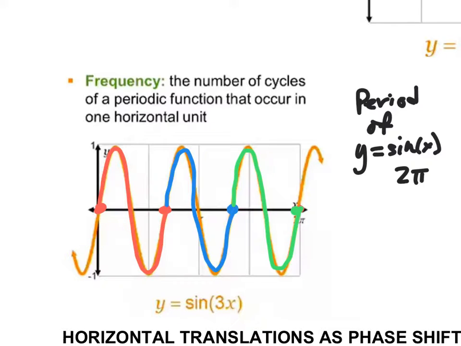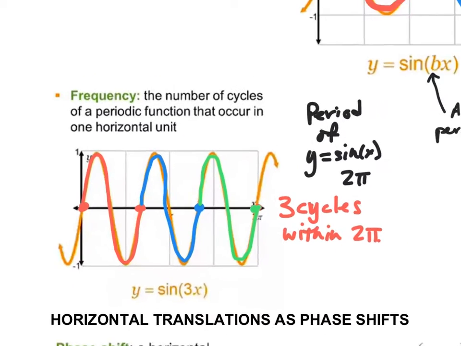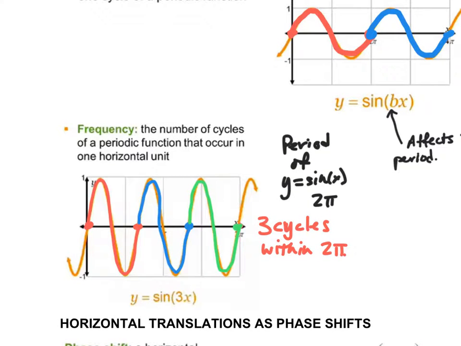So all of a sudden, when we introduced y equals sine of 3x, and when we compare it to y equals sine of x, this contained three cycles. So let's write this down, that we had three cycles within 2 pi, okay? And so all of a sudden, our period changes with this graph.